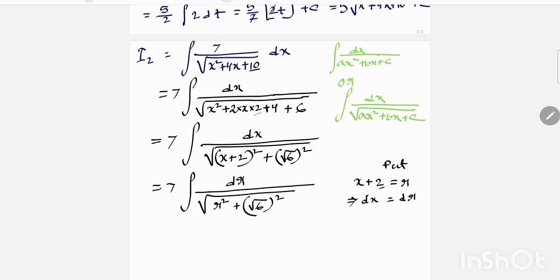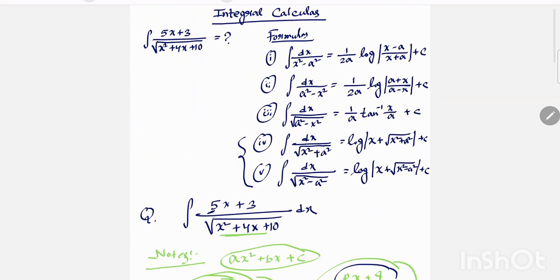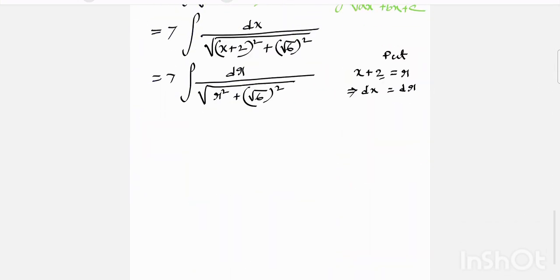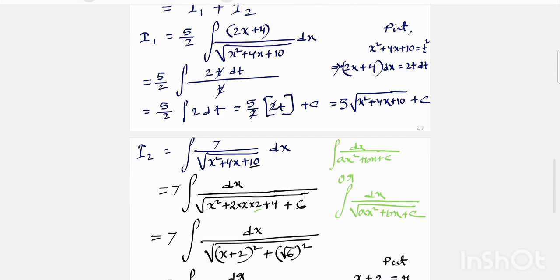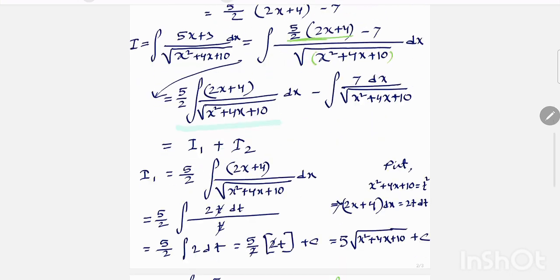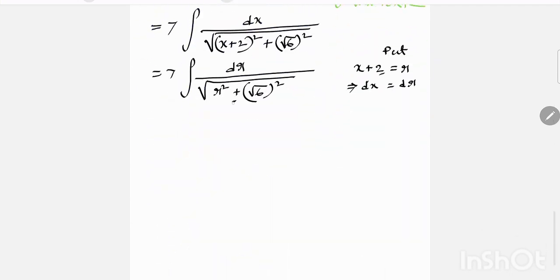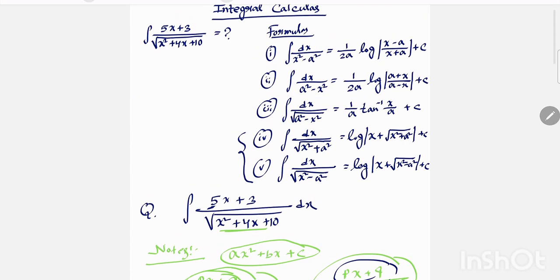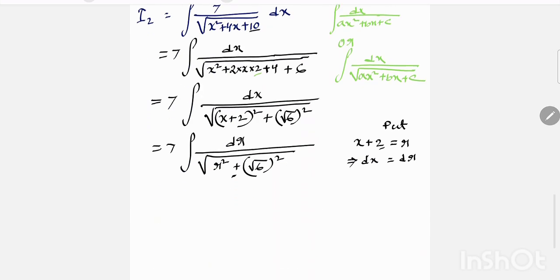Now see, this is in the standard form root over r square plus root 6 whole square. There is a plus between x square and a square, so our format is this one, and we can use this formula directly. So now use the formula.